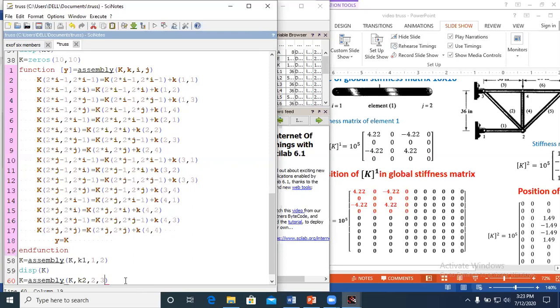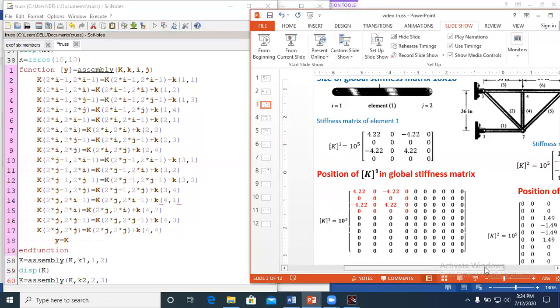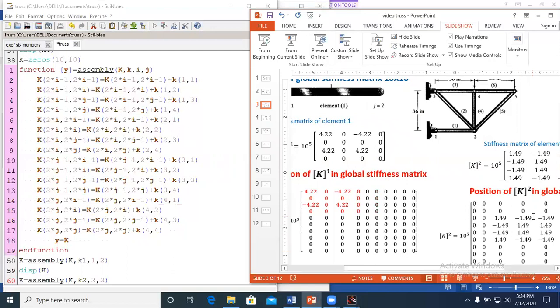Now when I is 2 and j is 3, now this matrix you see this one, now I is 2, therefore it is 2i minus 1, it is 4 minus 1, 3, and this is 3, 3, k3 3, here it is added, this 1.49 is added in this term. Next here 2i minus 1, 2i, that is 3 4, 3 4 is this one, 0 will be replaced by this minus 1.49.